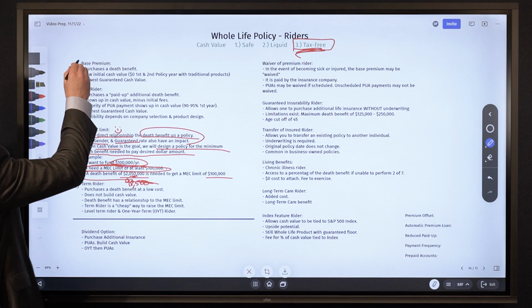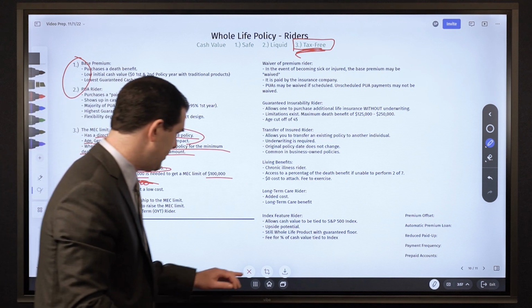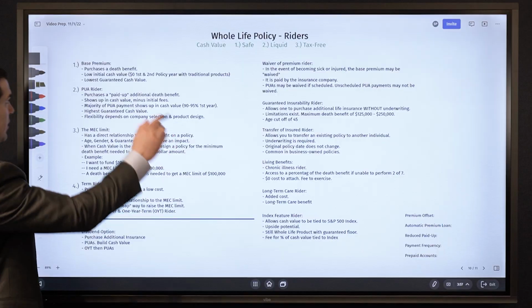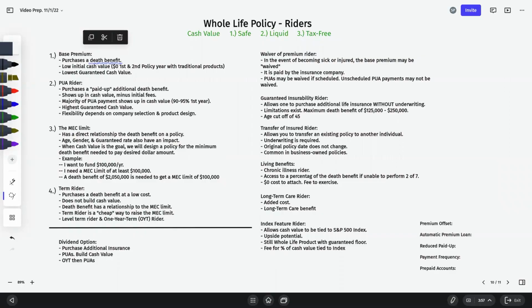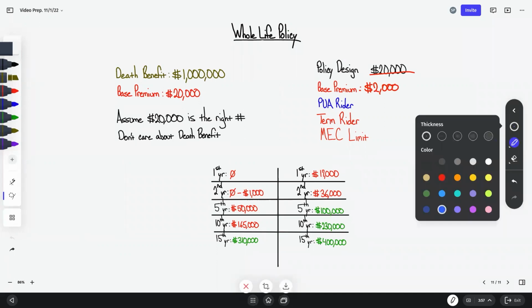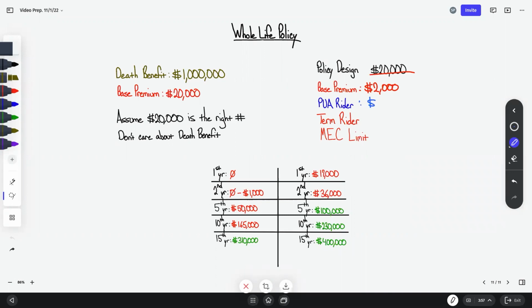How's that all tie to this? How it ties to it. The base premium does what? Purchases your death benefit. Remember the first point? What has a direct relationship to the MEC limit? The death benefit. So where that's important here is if I go with the policy that looks like this, $20K in, but $2,000 toward the base premium, and say $18,000 toward the PUA rider, cash value will look pretty good.